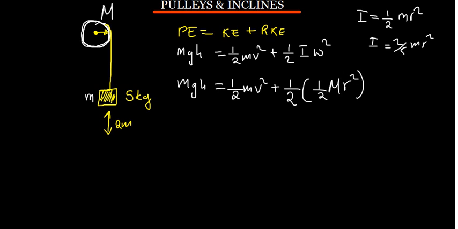We're also talking about angular velocity. Angular velocity omega is given by linear velocity divided by radius. So we substitute: because it's angular velocity squared, it becomes linear velocity squared divided by radius squared.